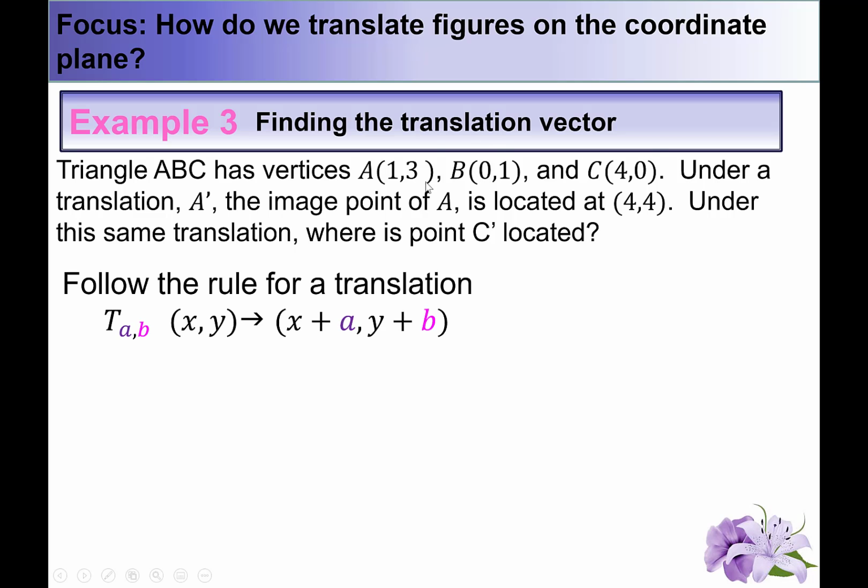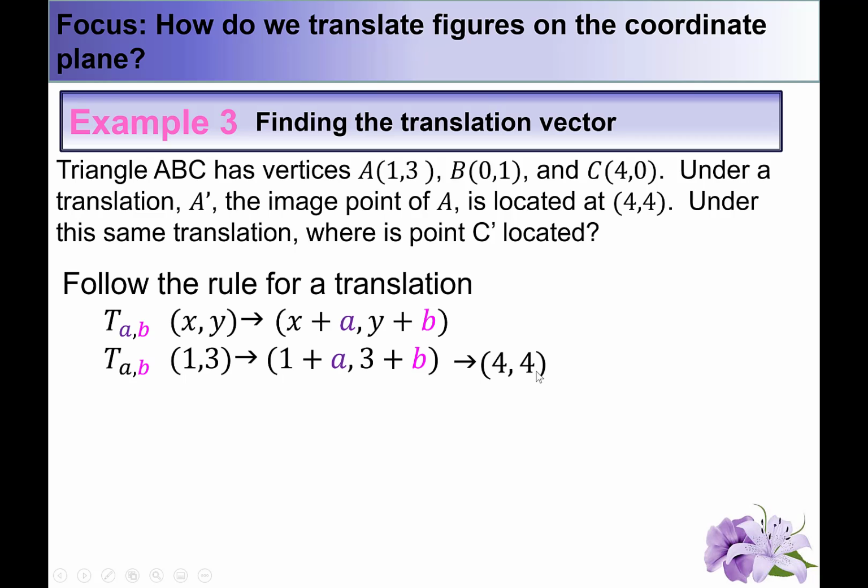So we have point A, and then we have the coordinates for A prime. Point A is 1, 3. We don't know what the translation vector is, but we know 1 plus a has to equal 4, and 3 plus b has to equal 4.